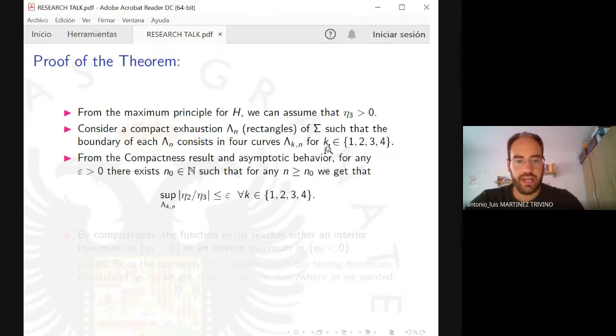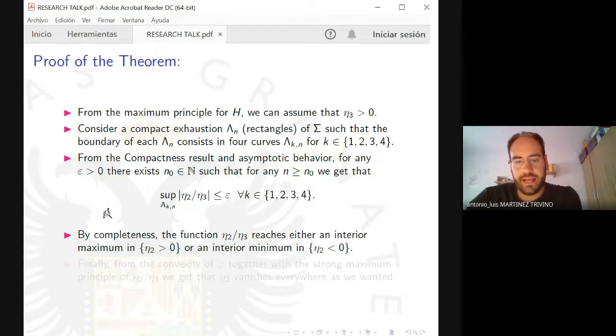From the previous results in the previous slides and the asymptotic behavior of sigma, we can prove that for any positive epsilon, there exists an integer n0 large enough such that for any integer greater or equal to n0, we get the following inequality. Notice that from this inequality, this quotient tends to 0 for any divergent sequence of points of sigma.